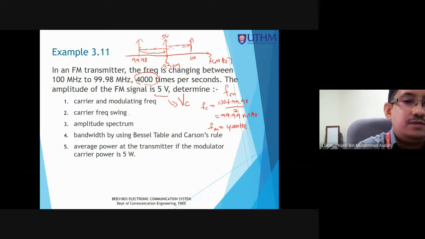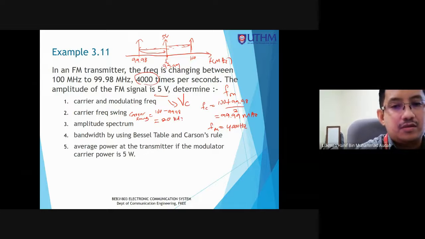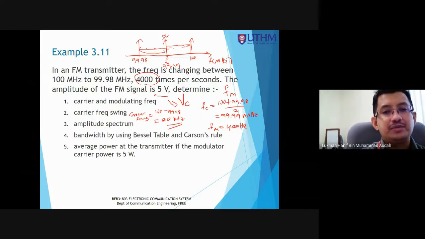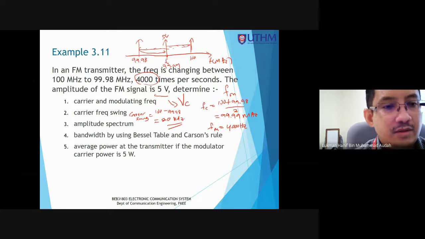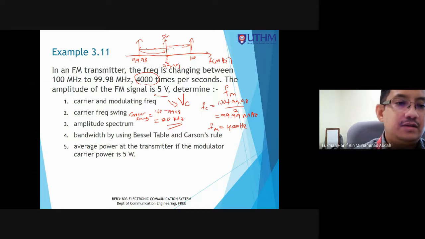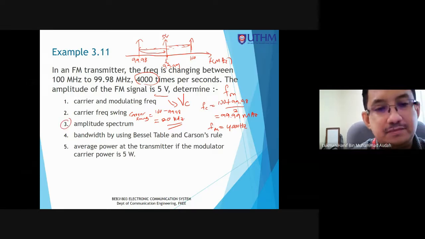How much is the carrier swing? So carrier swing is equal to 100 minus 99.98. So this is equal to 20 kilohertz. And then find the amplitude spectrum.